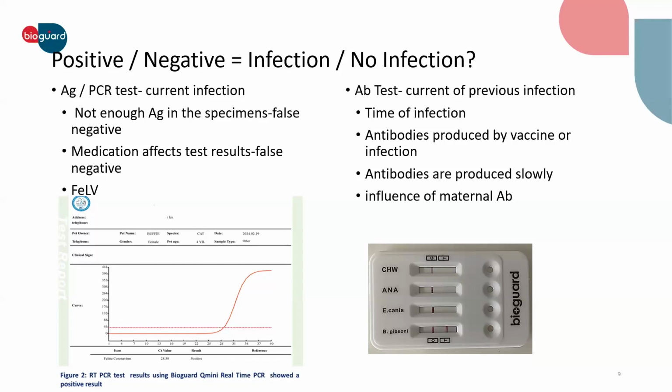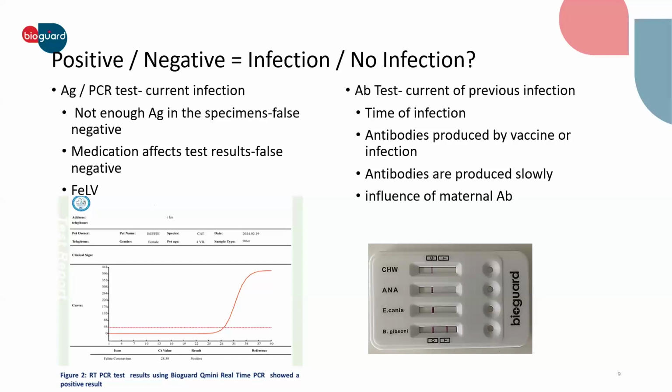And for antibody tests, it can only tell us the animal has been infected with the pathogen before, but it cannot tell the time of infection. So we will not know if it is a current infection or already recovered. Also, antibodies produced by vaccine or infection most of the time cannot be differentiated.